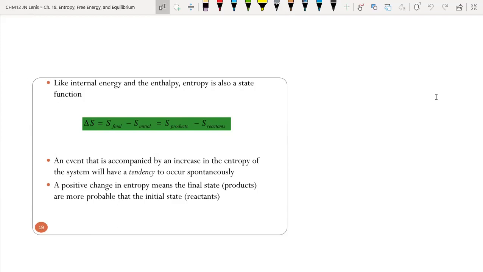One difference from enthalpy, so we have now two functions here. Enthalpy, that is related with the heat, and entropy, that is related with the state of disorder, randomness.